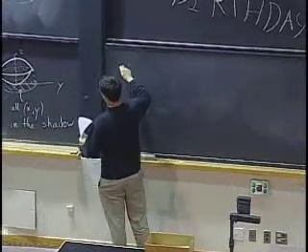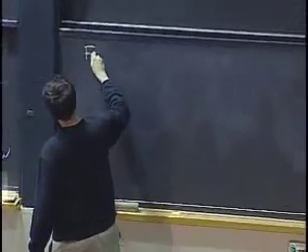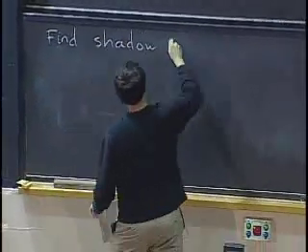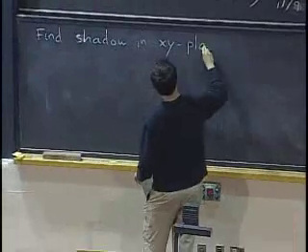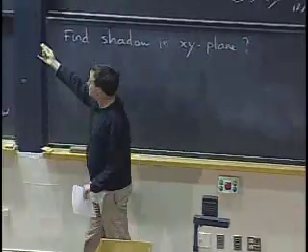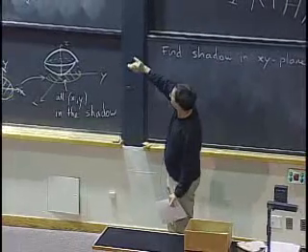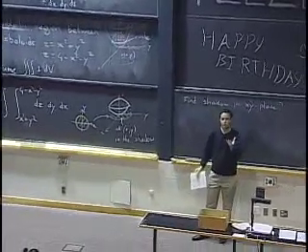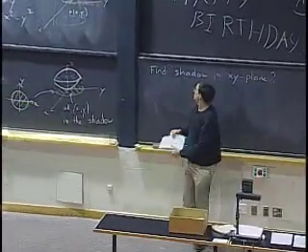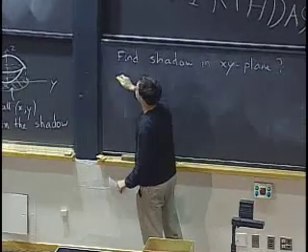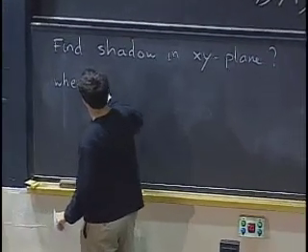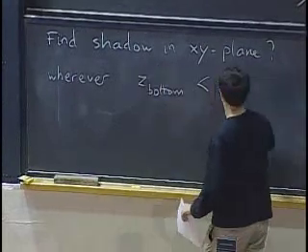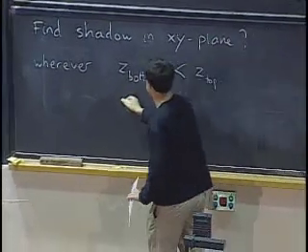So one way to find the shadow in the xy plane, well, here actually we know the answer a priori, but even if we didn't, we could just say our region lives wherever the bottom surface is below the top surface. So we want to look at things wherever the bottom value of z is less than, or less than or equal to, the top value of z.